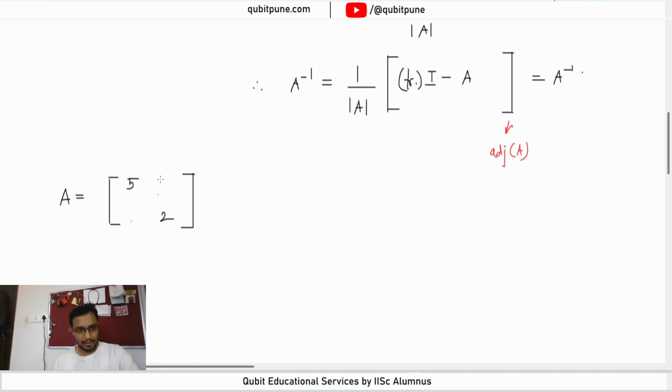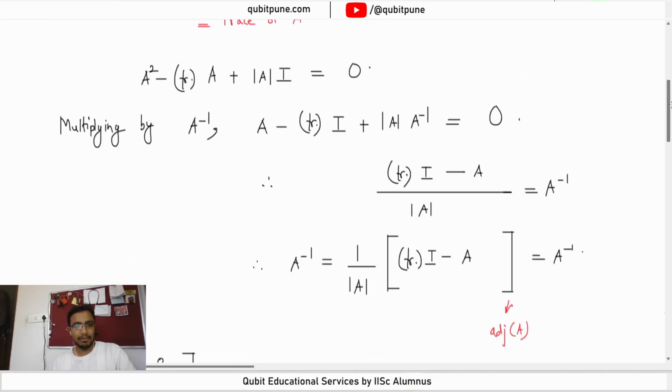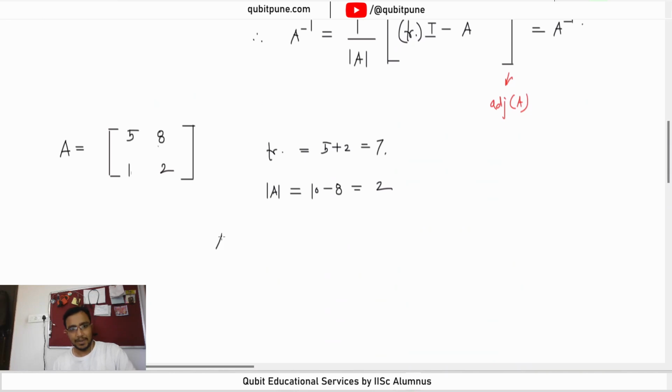So let's now go to the trace. Trace is 5 plus 1, 6. What is determinant of A? 5 minus 16, negative 11. According to Cayley-Hamilton theorem, our matrix should satisfy the equation A squared minus the trace of the matrix into A plus the determinant times the identity matrix equals 0.